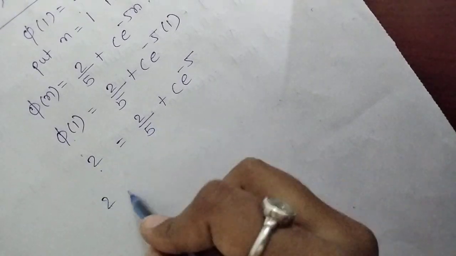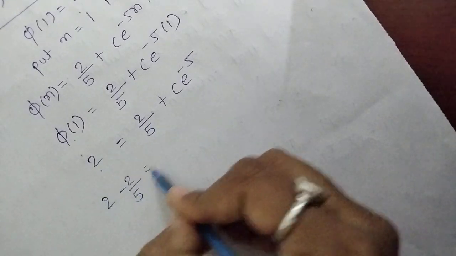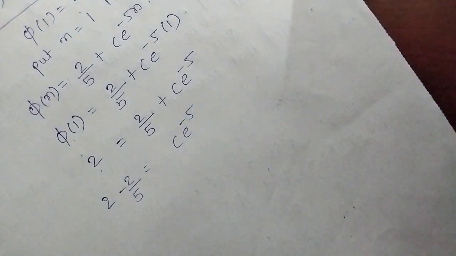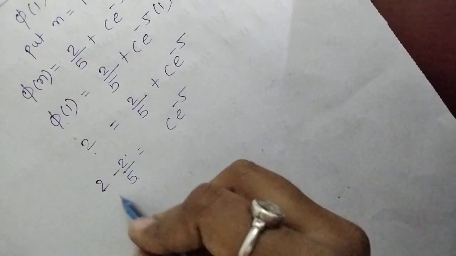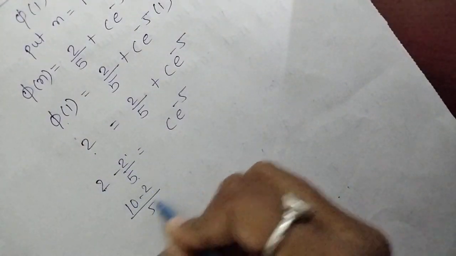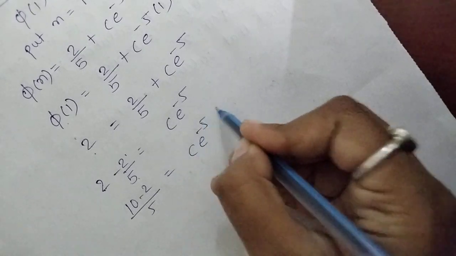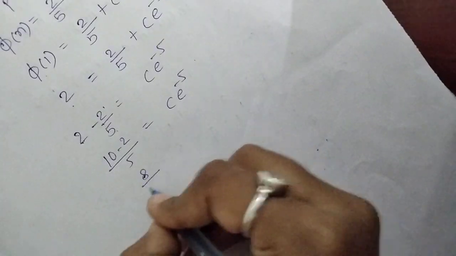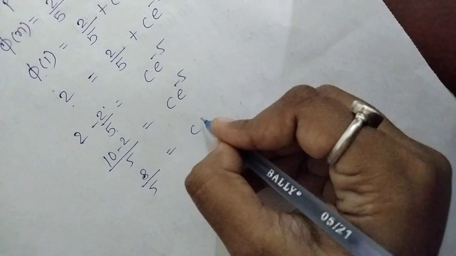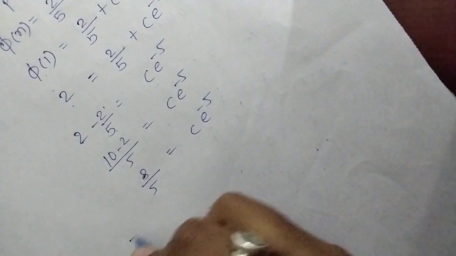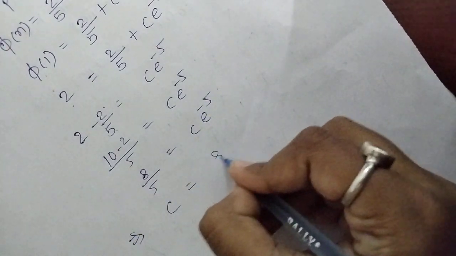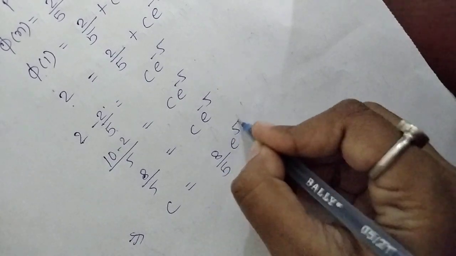2 minus 2 upon 5 is equal to c into e raised to minus 5. 2 minus 2 upon 5 means 10 minus 2 upon 5, which is 8 upon 5, is equal to c e raised to minus 5, which implies c is equal to 8 upon 5 into e raised to 5.